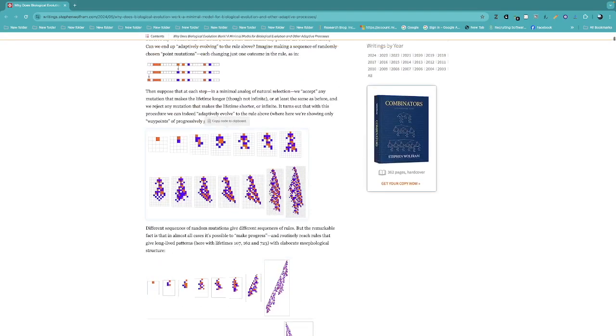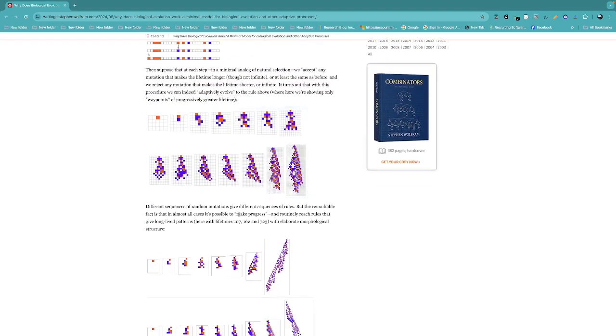So this is an interesting thing. I think another interesting thing about this is that they talk about making progress. And there's this whole controversial idea in evolution about progress in evolution. And it's tempting to think of progress as something that is intentional. But really, it's just the product of certain conditions.